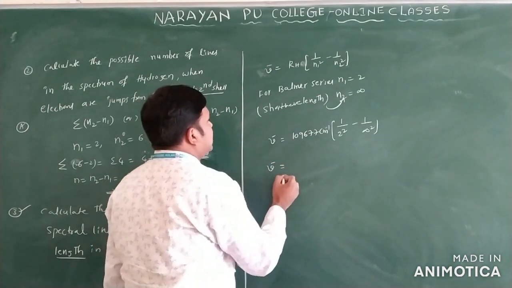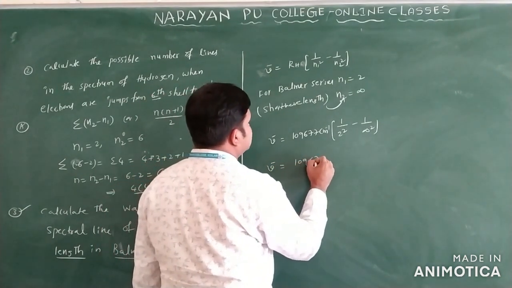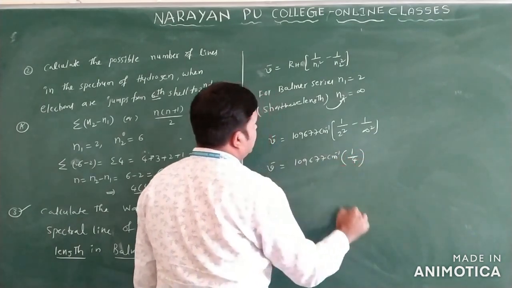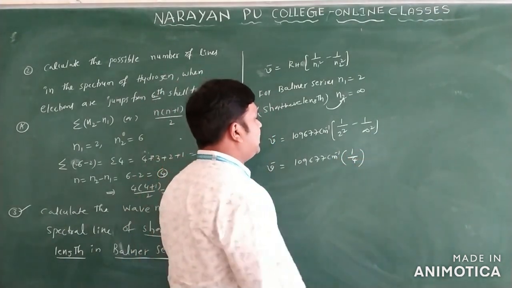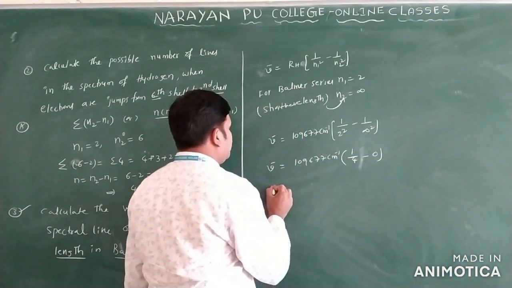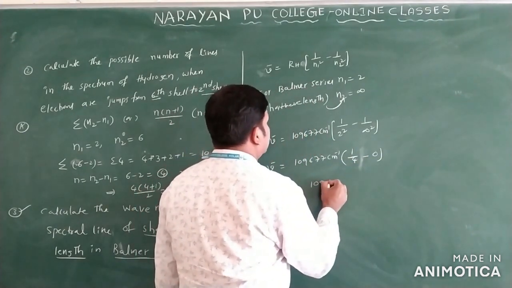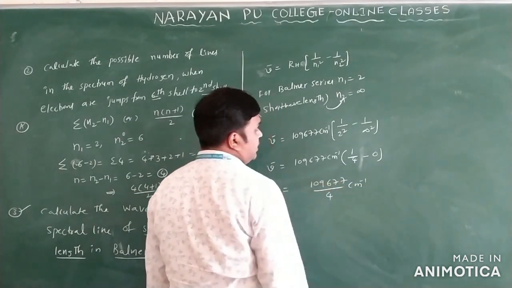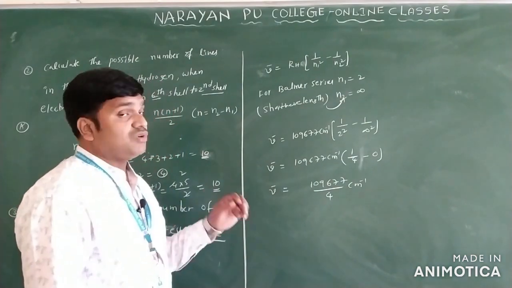So nu bar is 109677 centimeter inverse into 1 by 4, because 1 by infinity is 0. Or you can write 1 by 4 minus 0. So nu bar is equal to 109677 by 4 centimeter inverse. This is the calculation of wave number only.